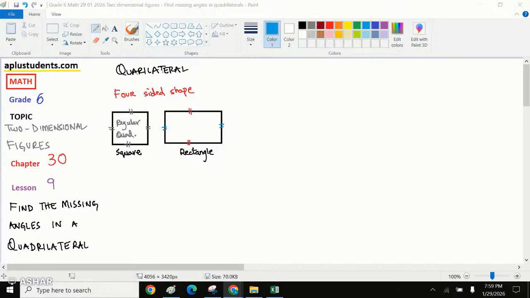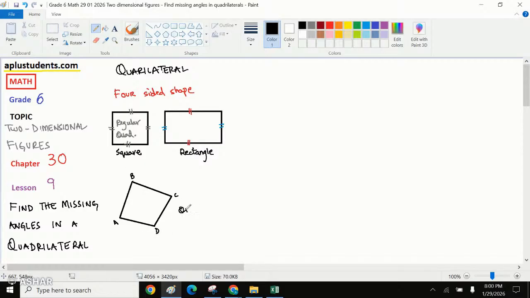We can have more examples. We can have a kite, let's suppose, or any other shape. Let's suppose we create a random shape. Let's suppose we have this, and this, and we have this, right? If we have a shape something like this, we can still say this is a quadrilateral. If I label this as A, B, C, and D, there are four sides in this shape.